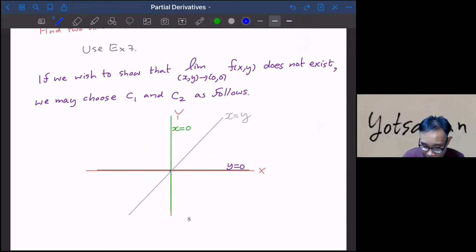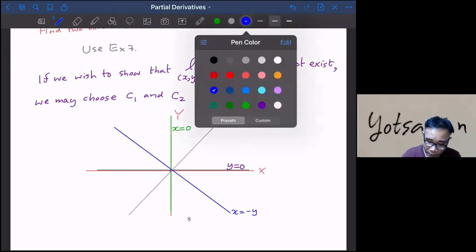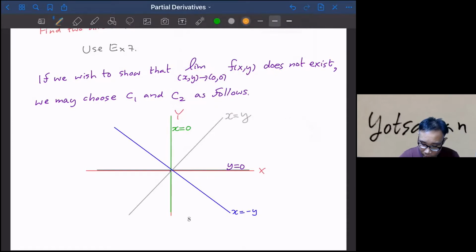Let me make it into a straight line. So this one is x equal to negative y. Or maybe you can use the parabola, y equal to x squared, a parabola like this. Or maybe you have the curve y equal to the square root of x, which looks like this.